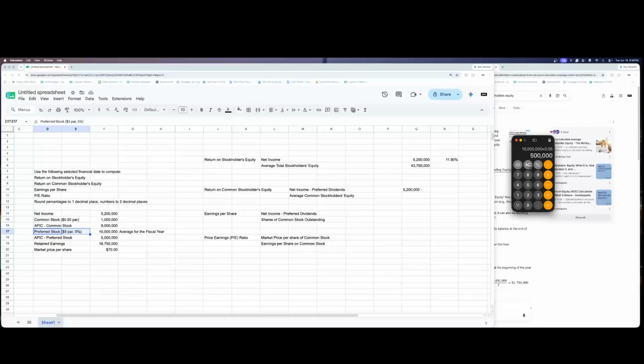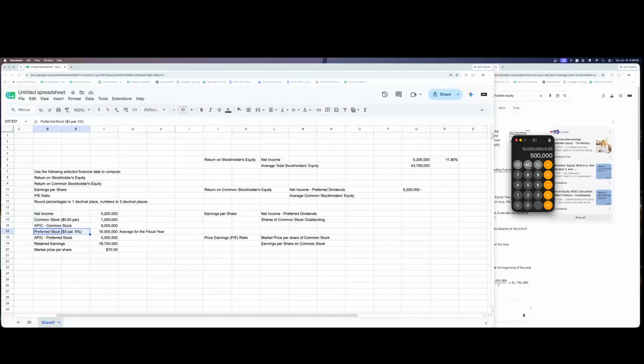So if it's $5 par, there would be 2 million shares of preferred stock, but because there was additional paid-in capital of 5 million, there are going to be 2 million shares that were issued at $5 par, but actually it was paid at a premium, okay, and that premium was $5 million. So how much did it actually sell for?